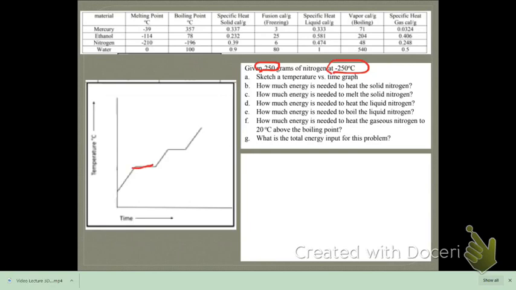The melting point, here we go, for nitrogen, because that's the one I'm looking at. My melting point for nitrogen is a negative 210. My boiling point is a negative 196. This says that I started at a negative 250.